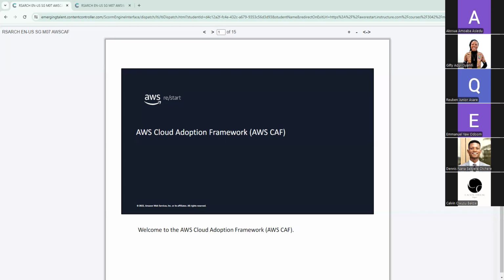But if a company wants to adopt the AWS cloud into their operations, into their business, this is a framework that has been provided by AWS, and it serves as a guide for companies to be able to have a smooth migration to the cloud.